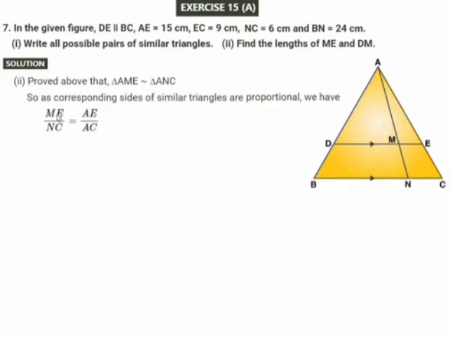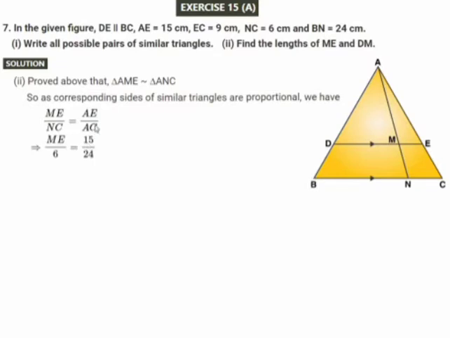Yes. So use the values now. AE is given as 15, AC is not given. Is AC given to us? No. But can I say that AC is equal to AE plus EC? Yes, definitely, right?